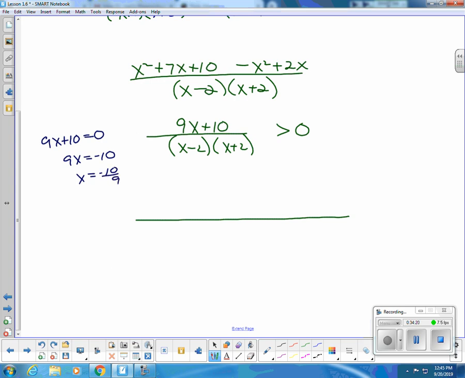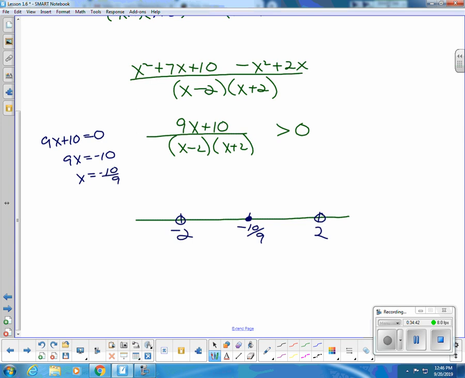We have a negative 2 and a positive 2. From the bottom. So the top gives you x-intercepts, the bottom gives you asymptotes, or undefined spots.